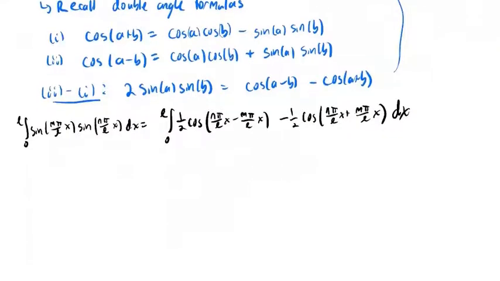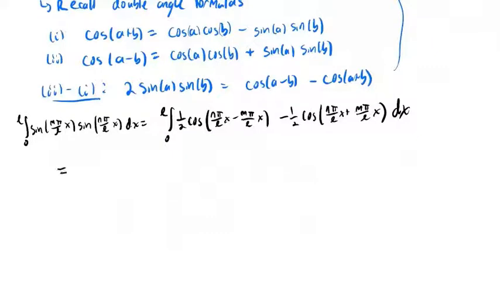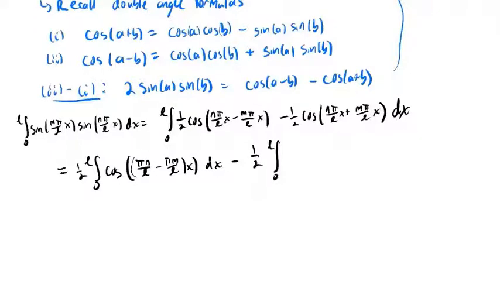Well, now I just have two different integrals involving cosine. So this is what I end up with. But now it's easy to see that both of these integrals are going to be 0. Why?